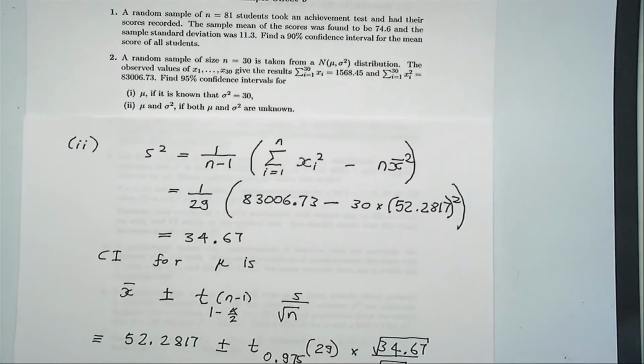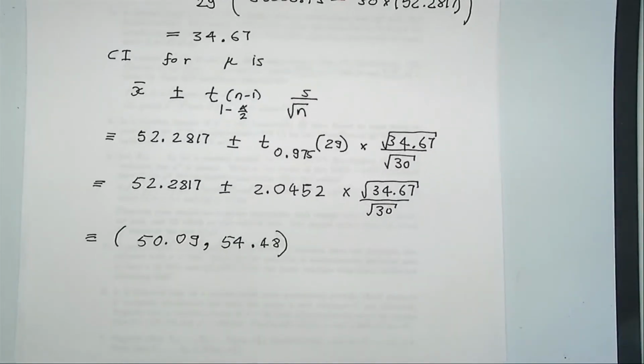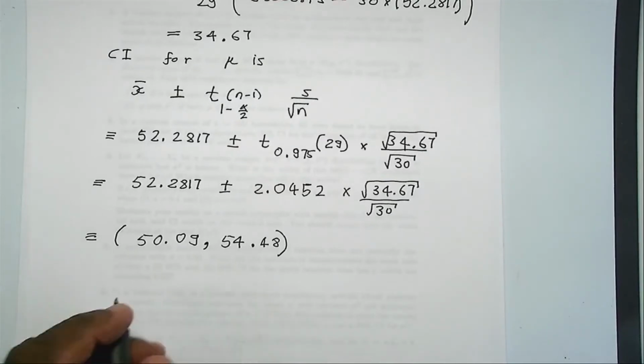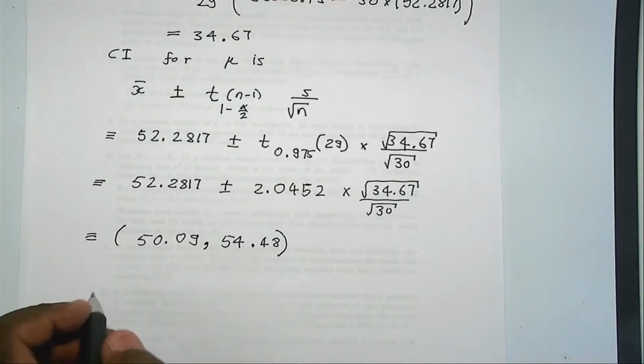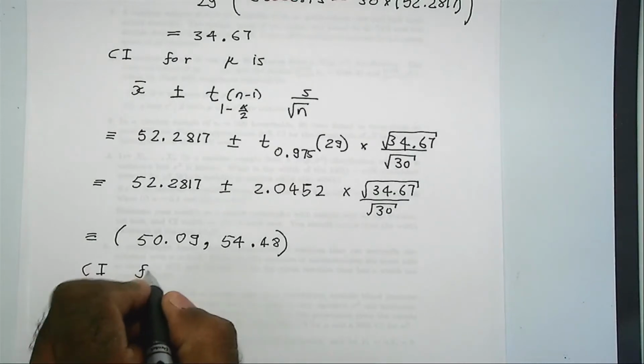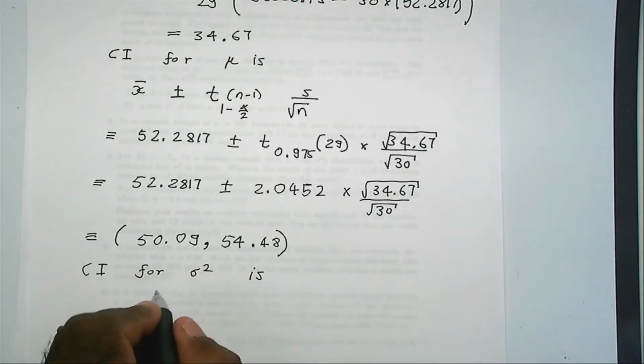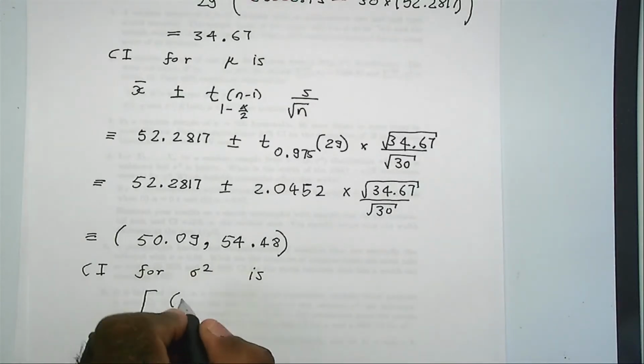Now the next thing we need to do is to find the confidence interval for sigma squared. Now you may recall from the notes that the confidence interval for sigma squared is, this is what I gave you in the notes.